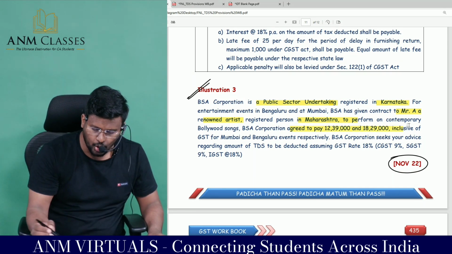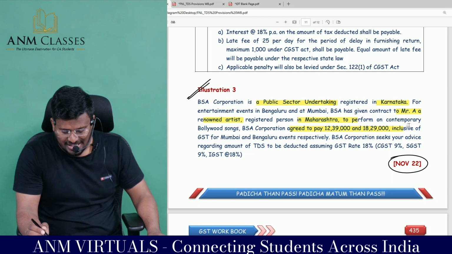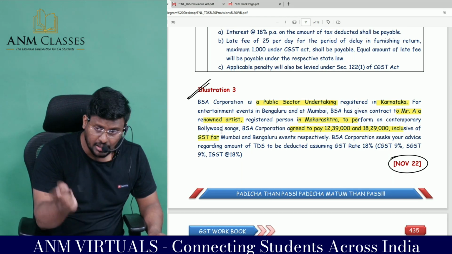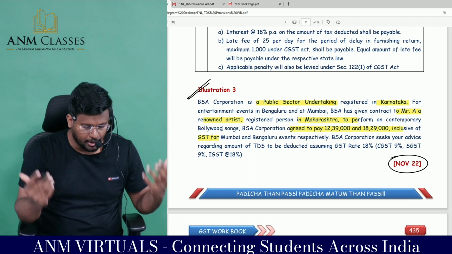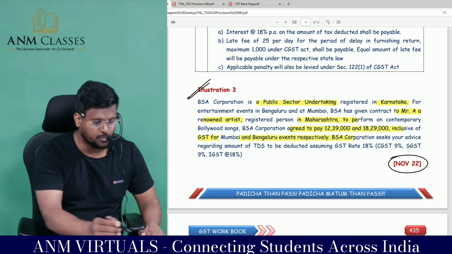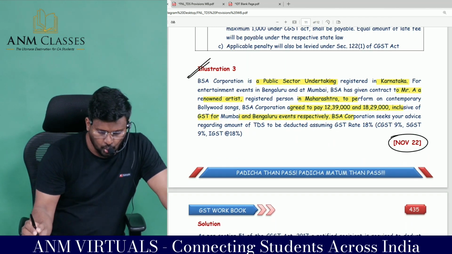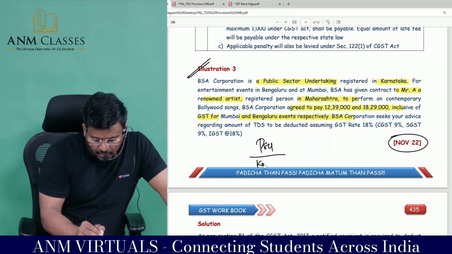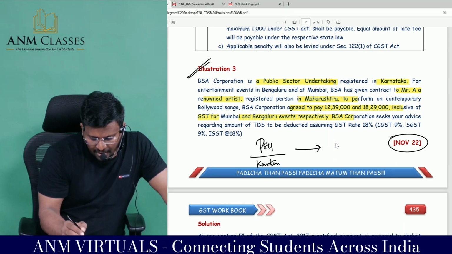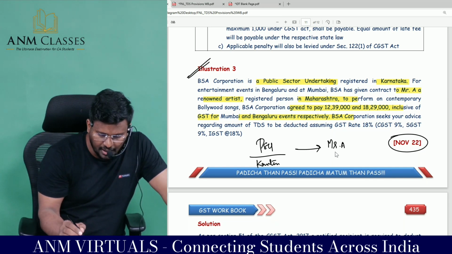BSA Corporation agreed to pay 12,39,000 and 18,29,000 inclusive of GST. Anyway, the contract value exceeds 2,50,000. There is no problem at all for the Mumbai and Bangalore events respectively. You tell me, so the public sector undertaking, registered in Karnataka, has a deal with Mr. A to support them in where and where?